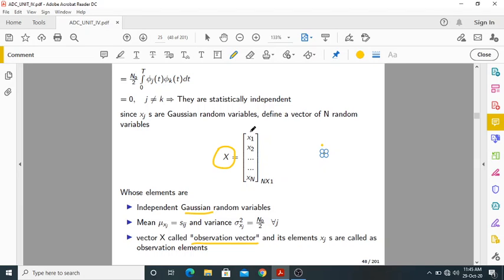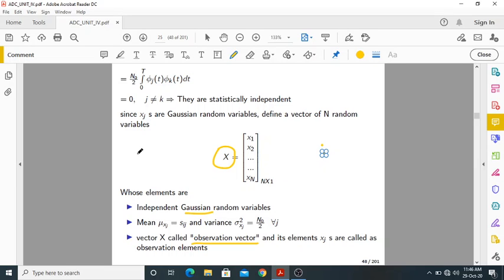This vector contains n elements. We know the statistical properties of these elements. We know the mean of these elements and the variance of these elements, and furthermore we also know that they are independent of each other, and we know that they are Gaussian random variables.